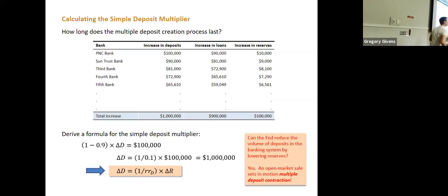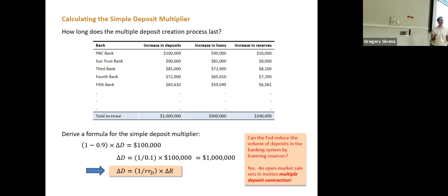What happens, do you think, to the money multiplier, the simple deposit multiplier, if the reserve ratio were to get bigger, let's say? So now banks are holding 20% in reserve instead of 10%. What happens to the simple deposit multiplier in that case? It goes down. And think about it, that makes intuitive sense.